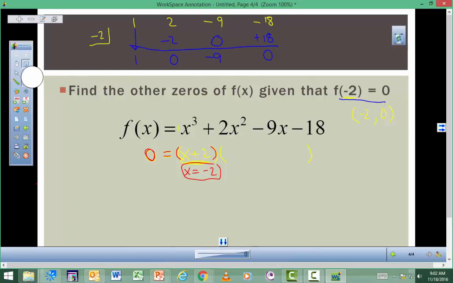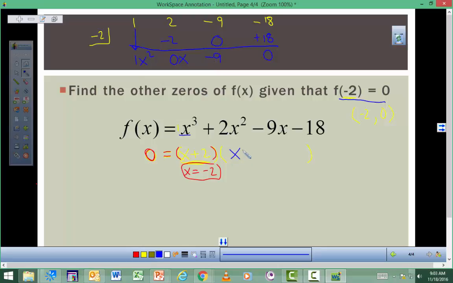So what do we get here? Remember, if you divided this through by x plus 2, you're going to lower the degree by 1, right? So this is going to be like x squared. This would be like 0x. And this would be -9. So what goes in here would be x squared minus 9.